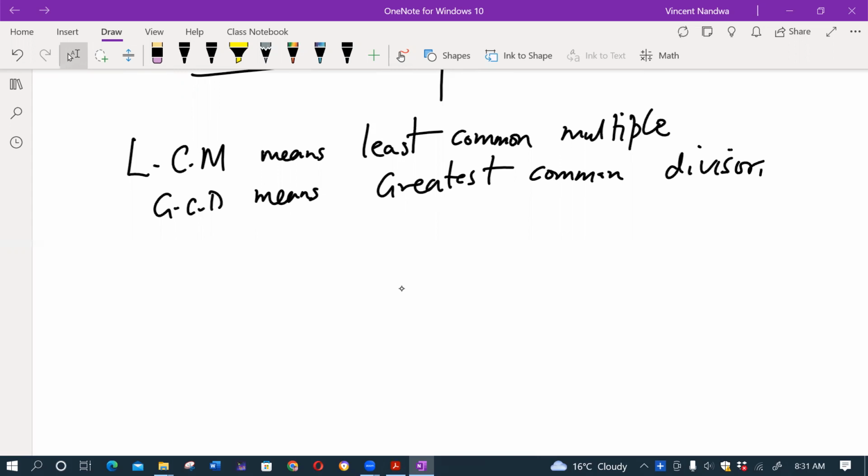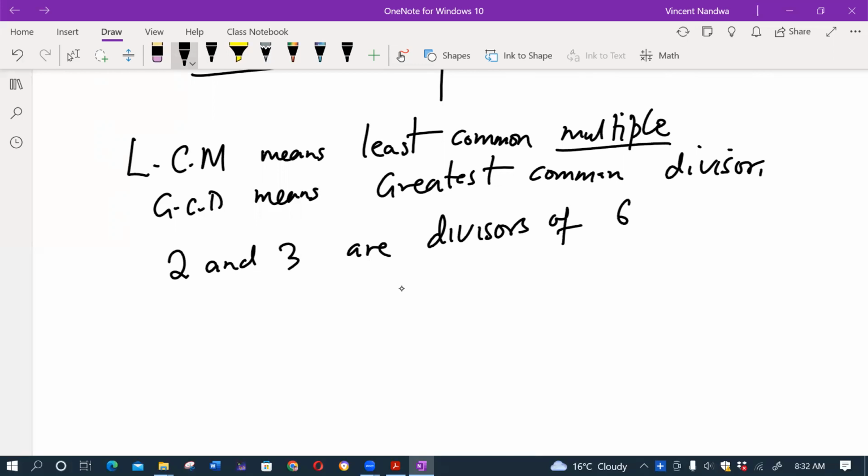So a divisor is a number which can divide another number without a remainder. For example, we say 2 and 3 are divisors of 6, which means that 2 can divide 6 without a remainder, 3 can divide 6 without a remainder. While a multiple is a number which, when you divide it by another number, you don't get a remainder.